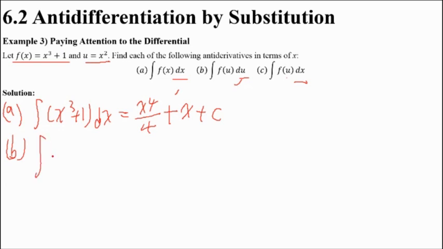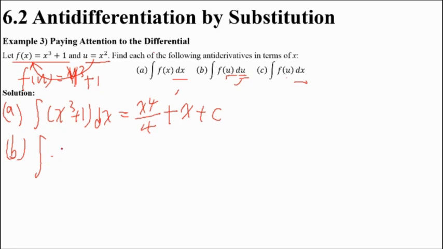Integral of f(u). So the f function here with u, right? You just plug in there, right? So x cubed, x, so they change. Oh, sorry, this is u. So it will be just f of u, which is u cubed plus 1.